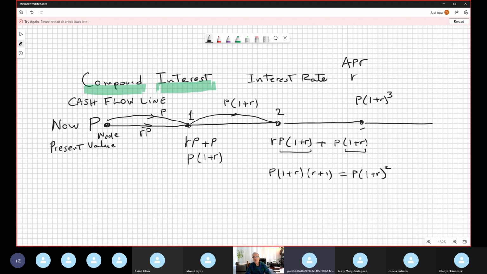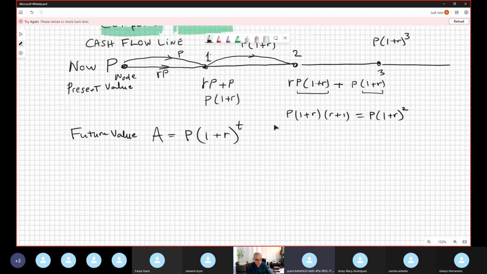So the future value, capital A, is the present value multiplied by (1 plus R) to the T, where T represents the time in years. Oh no, let's refine the formula. I want to generalize, not necessarily years: monthly, maybe annually, semi-annually, quarterly, daily. Now this is the compounding part.